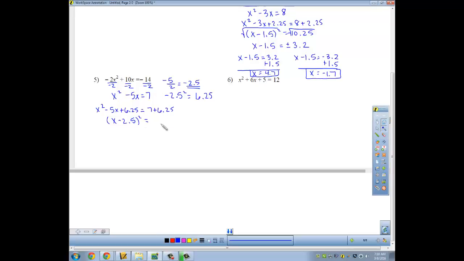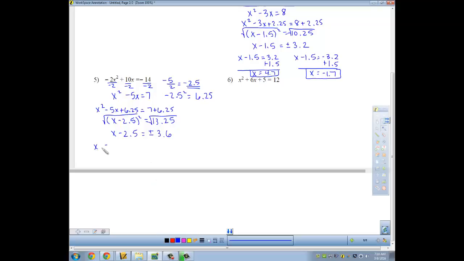7 plus 6.25 is 13.25. I'm going to take the square root of both sides to get rid of this part being squared. Left with x minus 2.5 equals positive or negative square root of 13.25, which is about 3.6. And then set up your two equations.